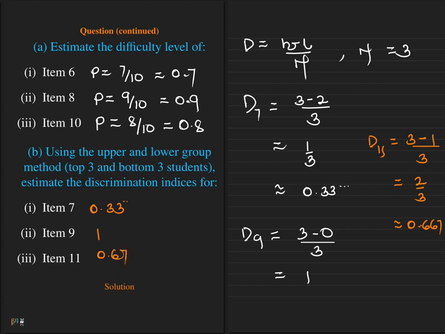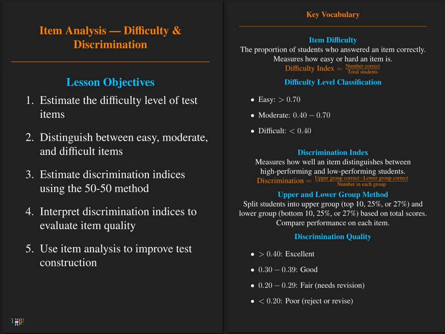Let's go back to the clarification and get what they mean. As we said, the index is always between 0 and 1. If it is greater than 0.4, then it is an excellent discriminator. If it is between 0.3 and 0.39, then it is good. From 0.2 to 0.29, it is fair.